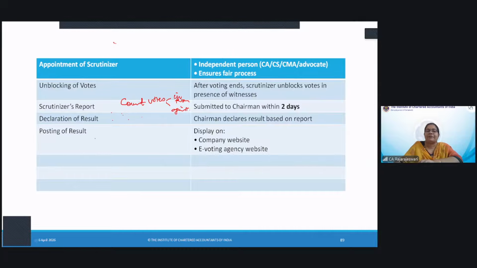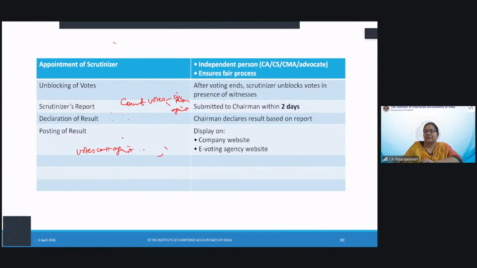Suppose the votes cast against are more than the votes in favor, then he should say that only this is the majority and declare the report based on that. Based on that report, the chairman declares the result.